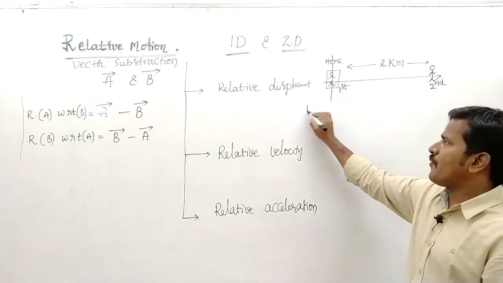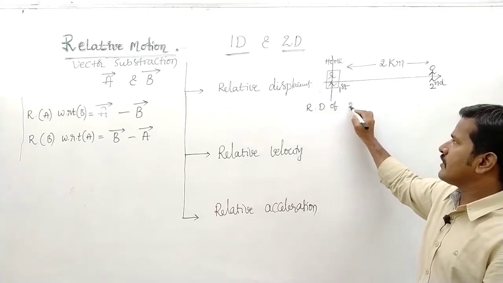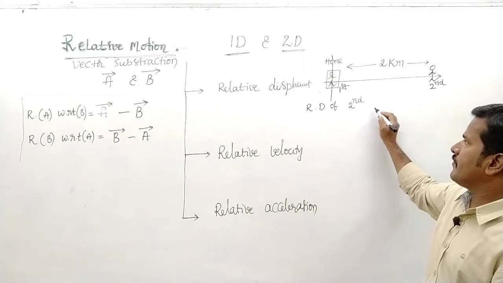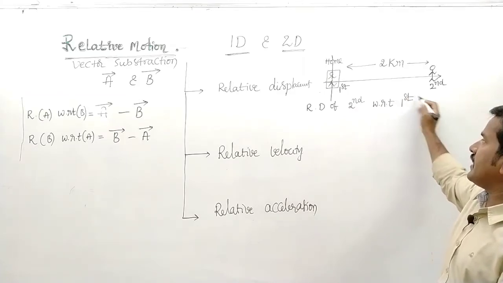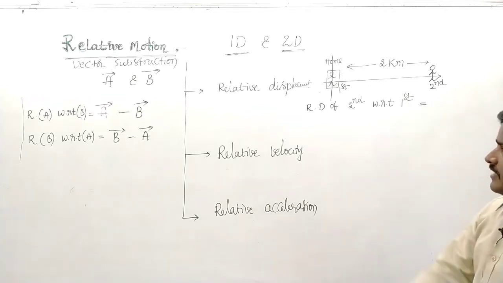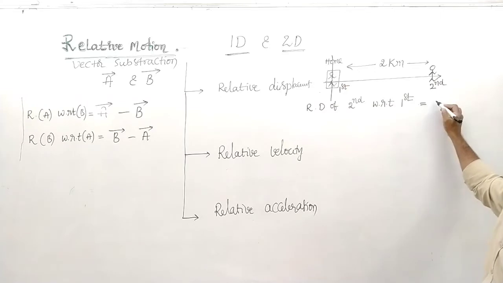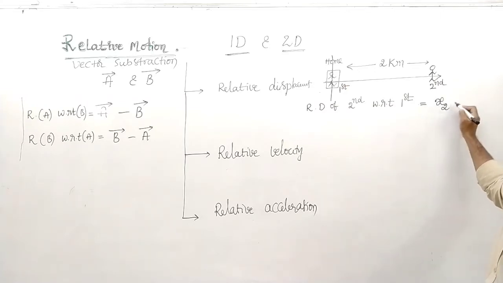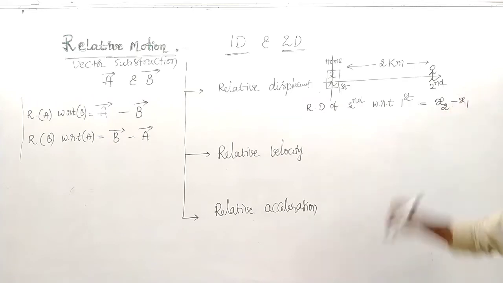The relative displacement of second with respect to first is written as x2 minus x1, displacement of second minus displacement of first.